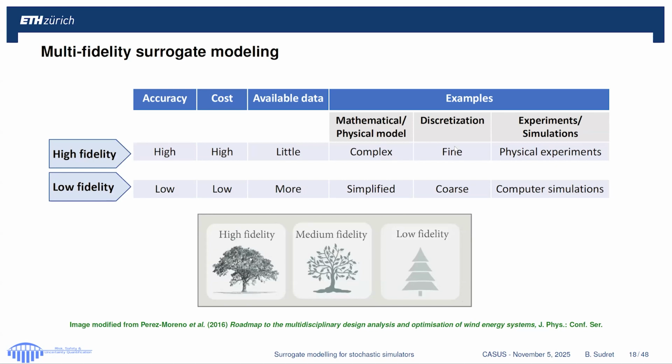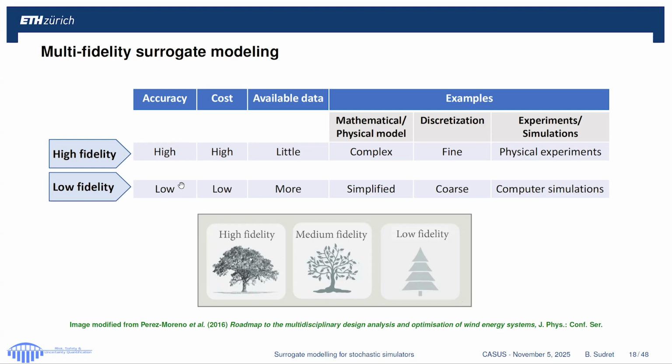It's also what we consider for a physical experiment, where you have a lot of information but usually little data. In contrast, low fidelity is a simplified model, known to have a lower accuracy, but the cost is also low.